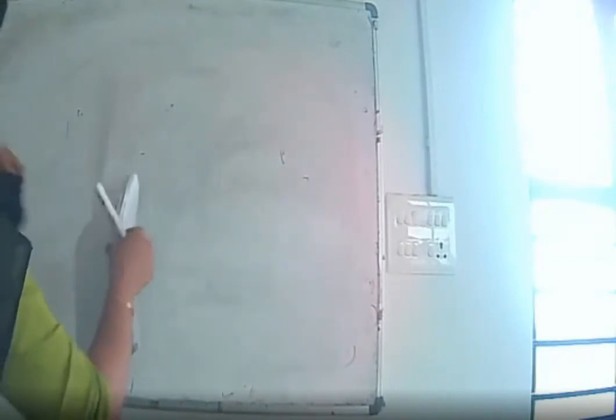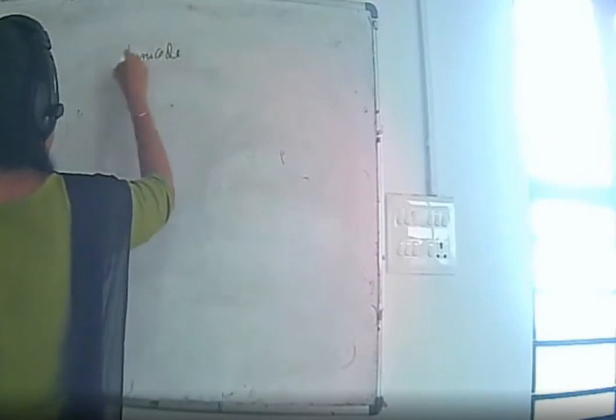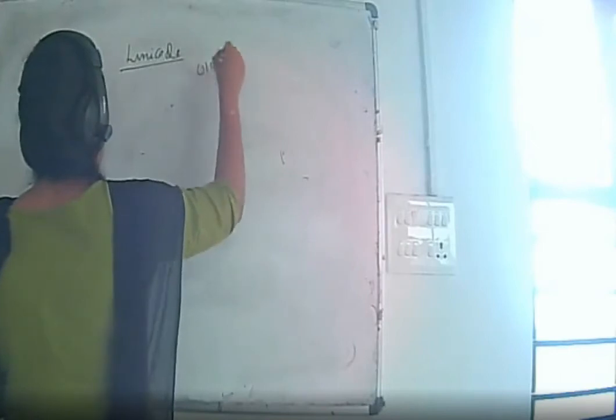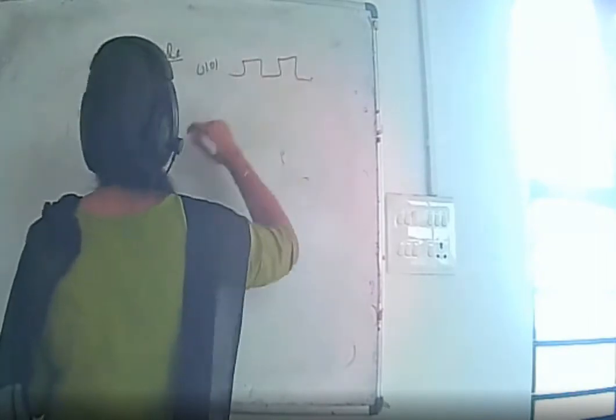Next we are going to discuss the line code, which is the last topic in the first module. What a line code does is convert the bit stream 0, 1, 0, 1 into a waveform.